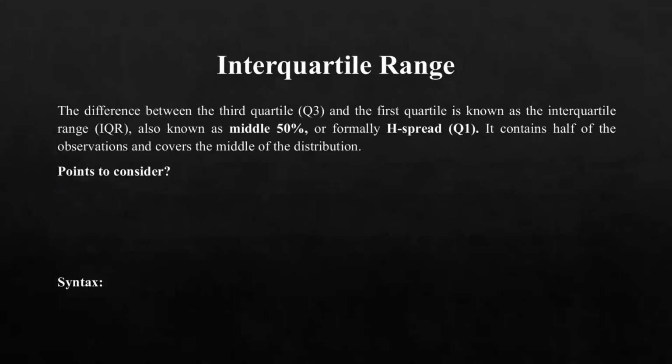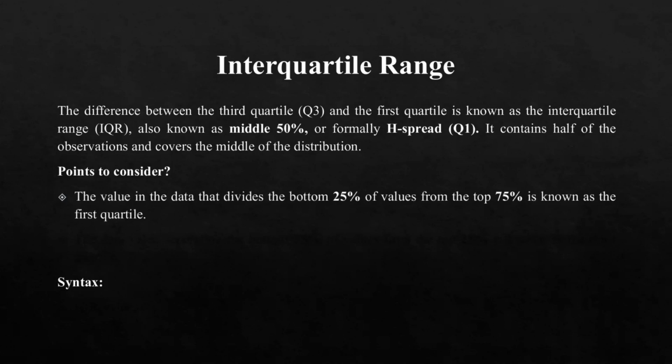The difference between the third quartile and the first quartile is known as the interquartile range, also known as the middle 50%. It contains half of the observations and covers the middle of the distribution. Now here we have some points to consider about IQR, or interquartile range.